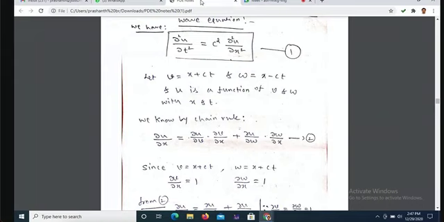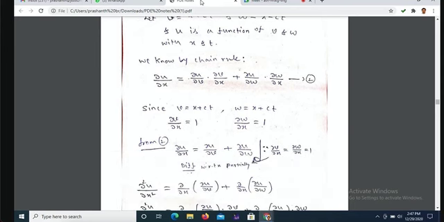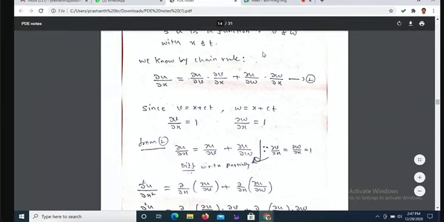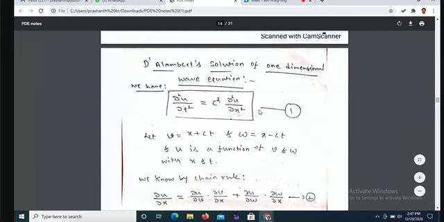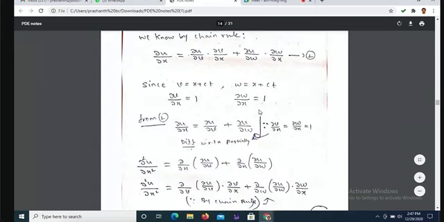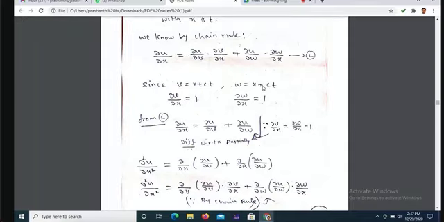So we have v as x plus ct and w as x minus ct. Sorry, change this to x minus ct, because we have taken w as x minus ct. Please check this one.